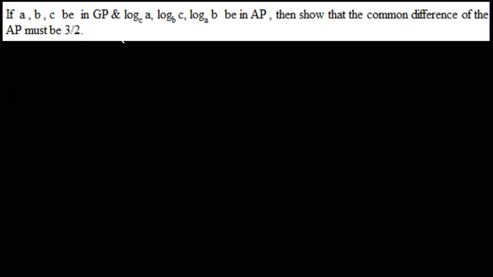Now here the question is, if A, B and C are in GP, and log A base C, log C base B and log B base A are in AP, then show that the common difference of the AP must be 3 by 2.